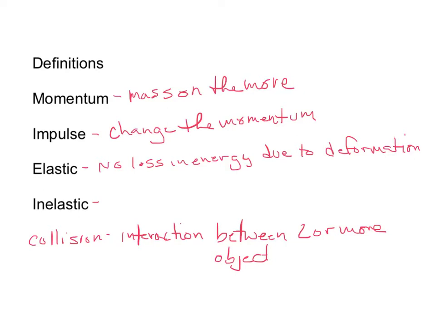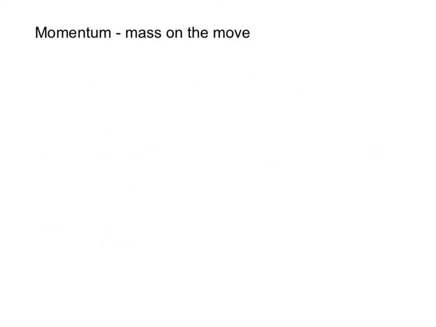In an elastic collision, the objects spring back, if you will, to their original shape with no loss in energy. Now, the opposite of that would be an inelastic collision, where there is loss of energy due to deformation. Now, with these terms in mind, let's take a look at some examples.